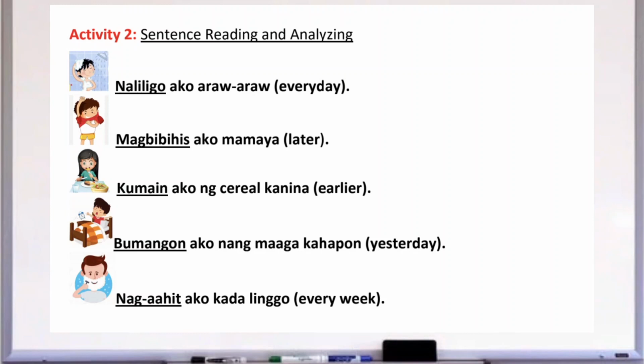Kumain ako ng cereal kanina. Your turn. Alright, last two. Bumangon ako ng maaga kahapon. Your turn. Alright, last one. Nag-aahit ako kada linggo.